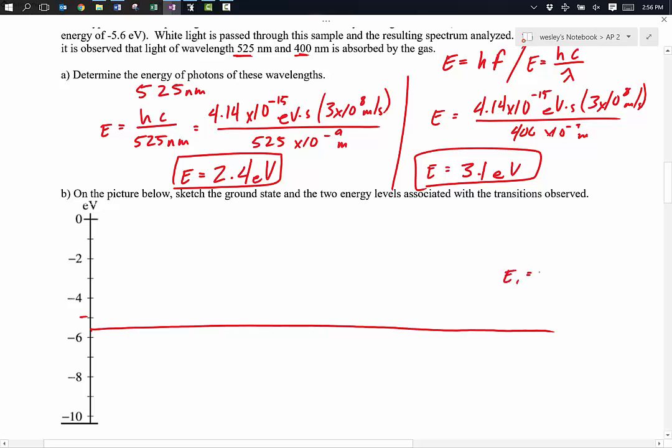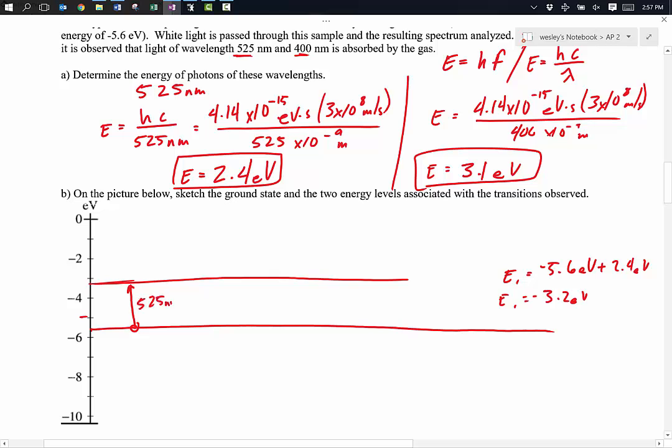So energy 1 is going to be the ground state, negative 5.6 electron volts plus 2.4 electron volts. Absorbing means we are gaining that energy. So my first state comes out to be negative 3.2 electron volts, which means we're going to have one that's right here. So when an electron here absorbs the 525 nanometer light, it jumps up to that level.